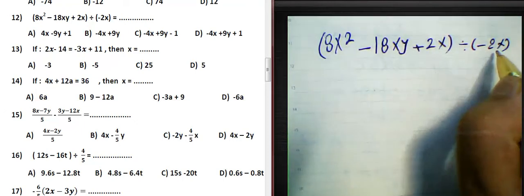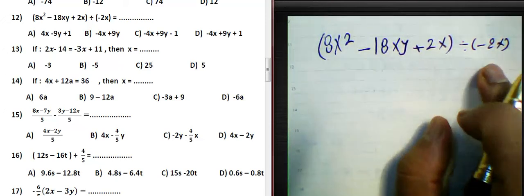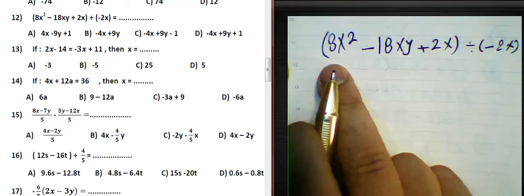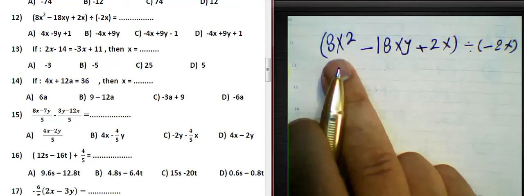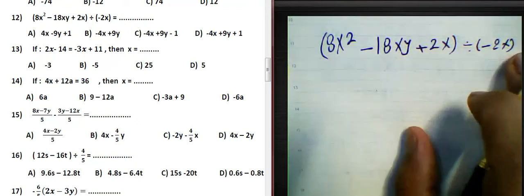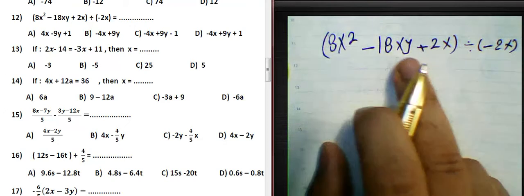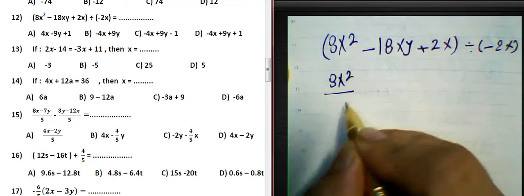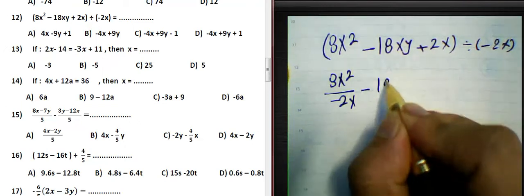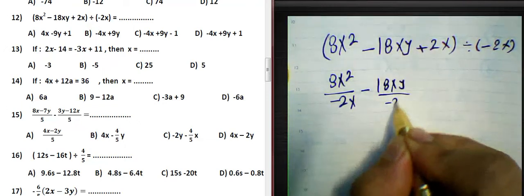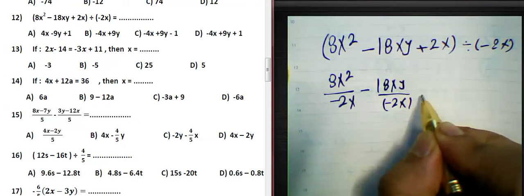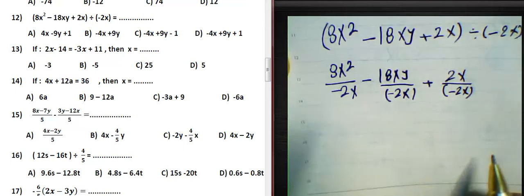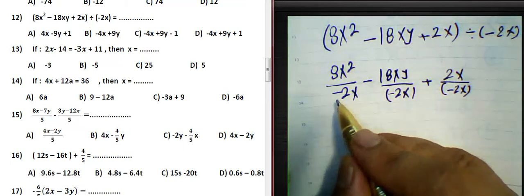We can find the result by dividing each term: 8x power 2 by negative 2x, negative 18xy over negative 2x, plus 2x over negative 2x. Look at with me, positive divided by negative will be negative.